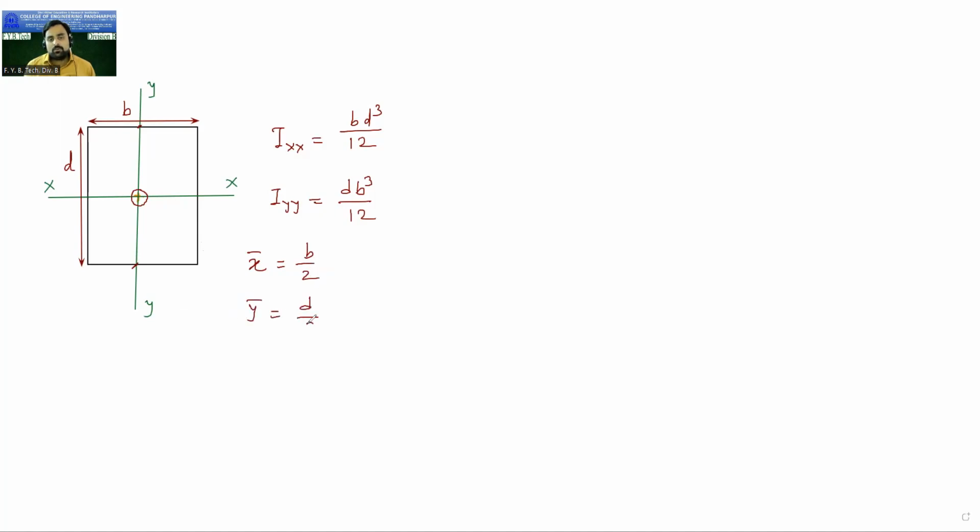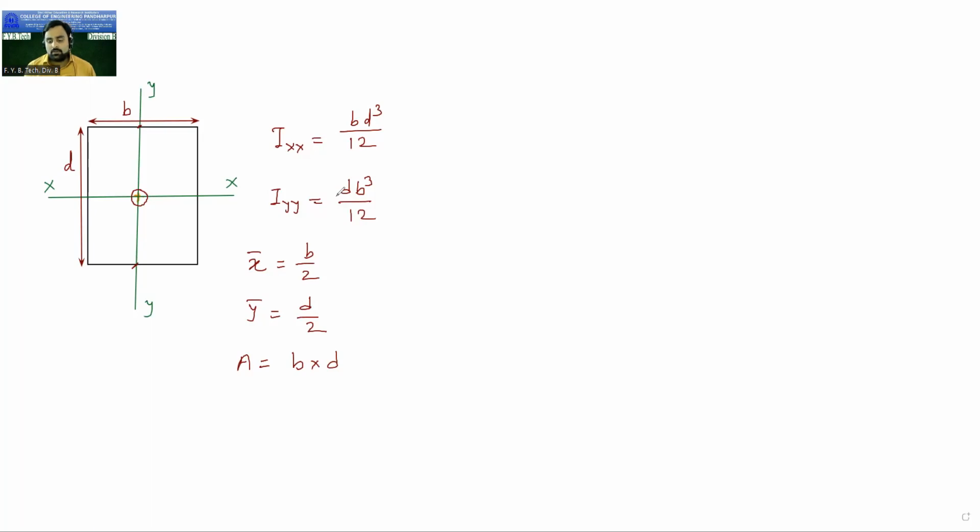And area, already आपण एकदा बघितलेलं ना, b into d. So all these formulas you need to remember for CG and MI. Already we have seen the formulas for the CG. Now I am going to give you the formulas for MI, moment of inertia.